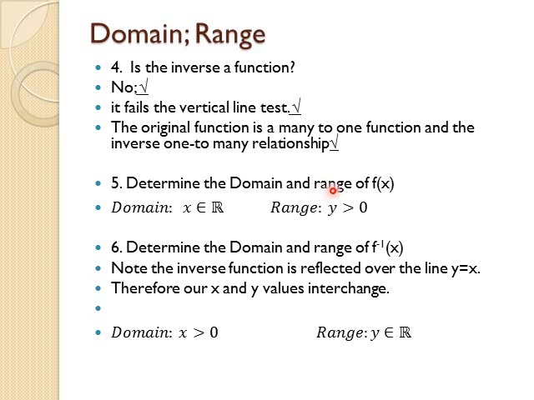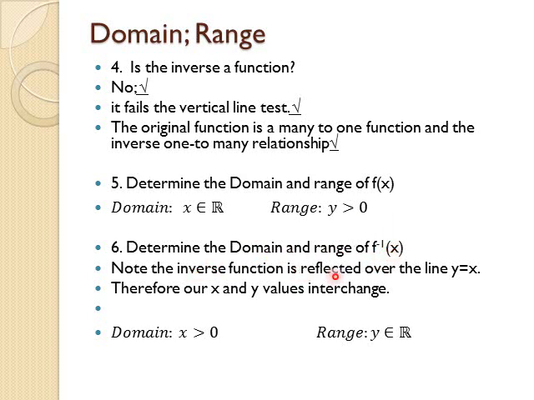Determine the domain and range of f(x). The domain will always be x is an element of the real numbers. For the range, the graph is turning and going up. It has a minimum turning point at the bottom, so y is greater than or equal to 0. Now we can also ask: determine the domain and range of the inverse, f inverse.